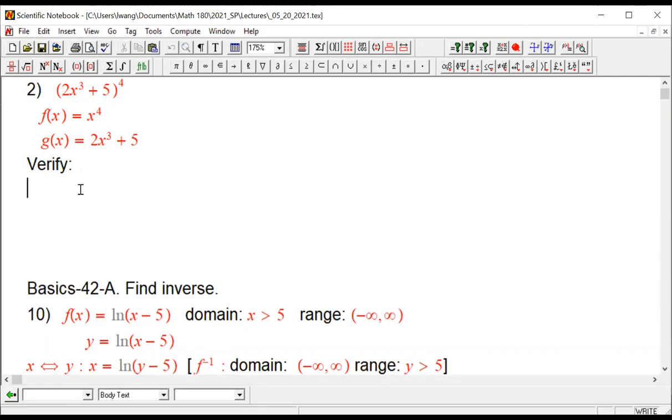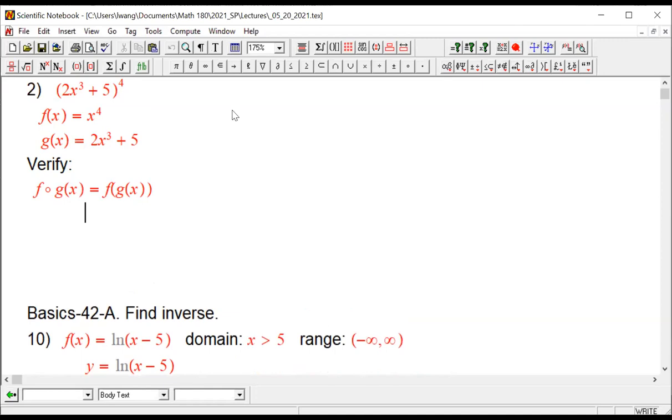Okay, so F composite G of X equals F of G, this is G, right?